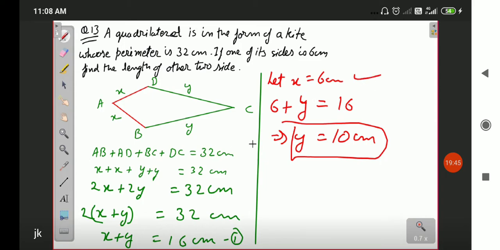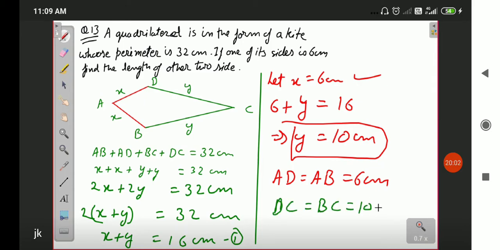We can easily determine the other side as 10 centimeter. That means AD and AB are both equal to 6 centimeter, and DC and BC are both equal to 10 centimeter. If we add all these sides, we get 32 centimeter as the perimeter of this quadrilateral. Easy.